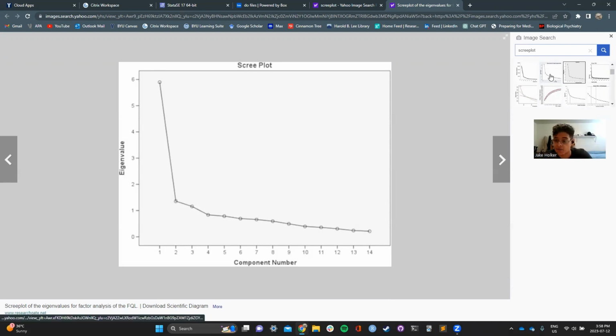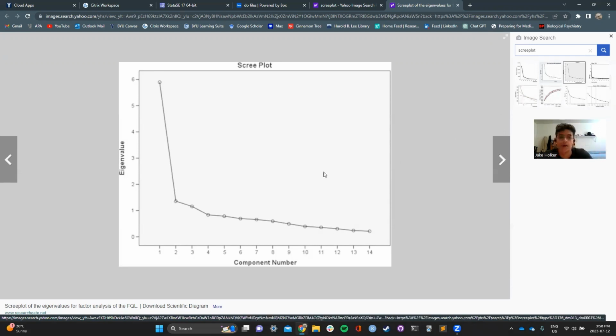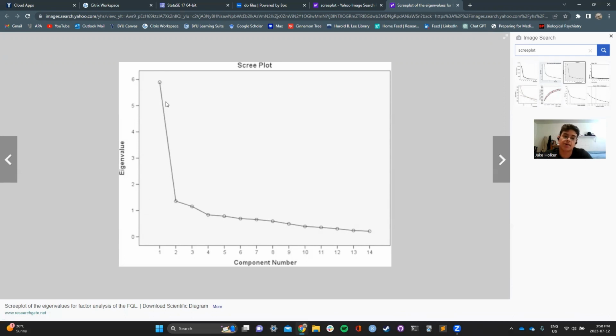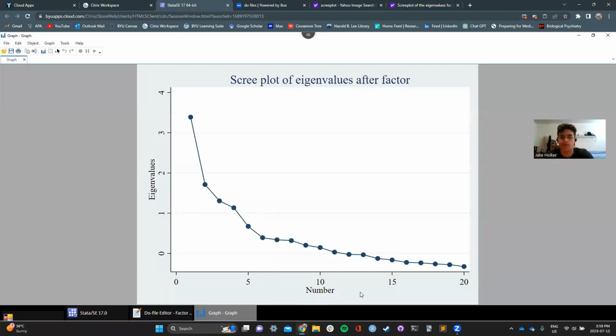Another way to do this is by looking at the actual eigenvalues themselves and making a decision from there. The reason why they do this is because not all scree plots are made equal. Not all of them are going to look like an actual scree plot. This is a really clean elbow here. My scree plot, as you can see, is pretty curved, right? And kind of jagged at this point.